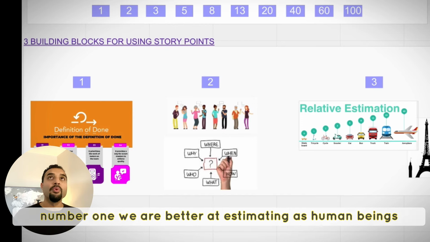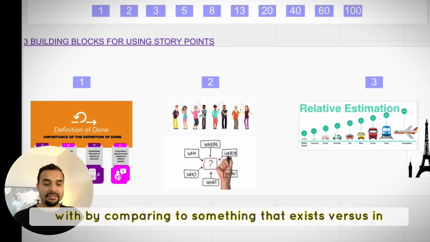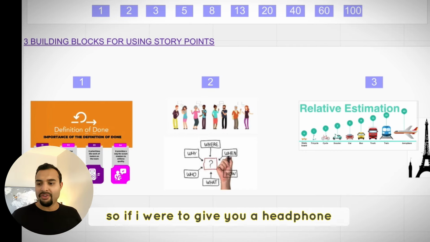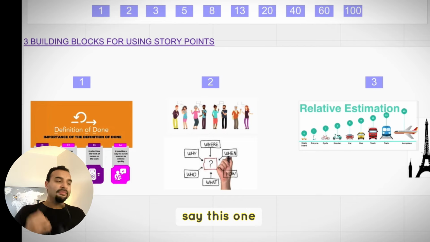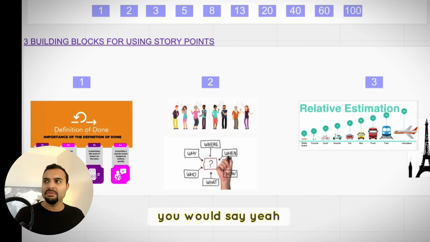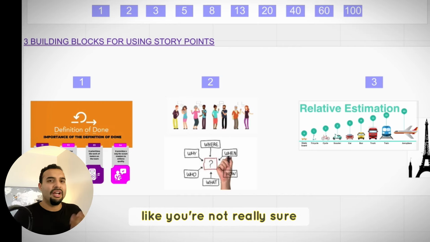Number one, we are better at estimating as human beings by comparing to something that exists versus in an abstract, absolute form. If I were to give you a headphone, say this one, and just ask you how good is this headphone, you would say, yeah, it's all right, it's good. You're not really sure.